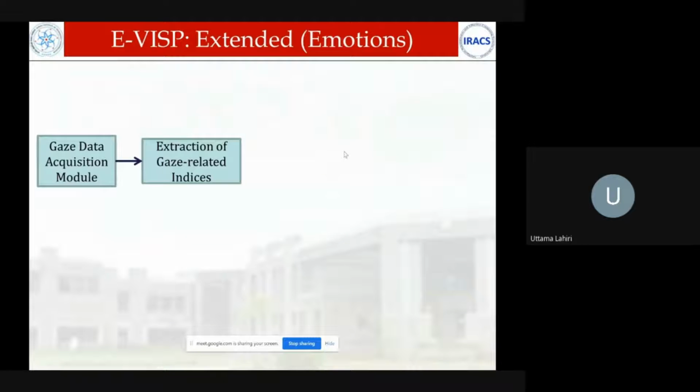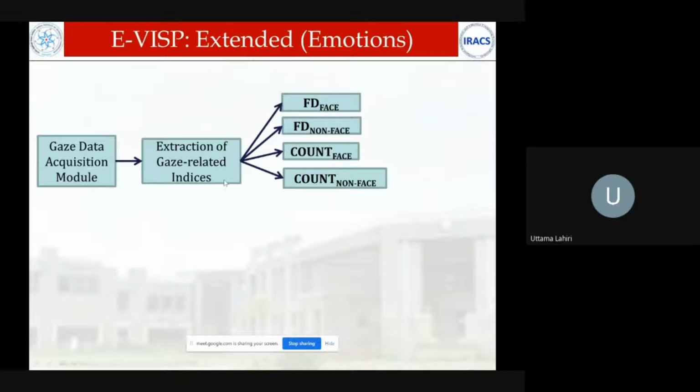So we did an extended study where the gaze data acquisition module was used to extract gaze-related indices such as fixation duration towards face and non-face regions, also count, which I was telling, the number of times or the number of hits towards one region of interest, that is face and non-face.